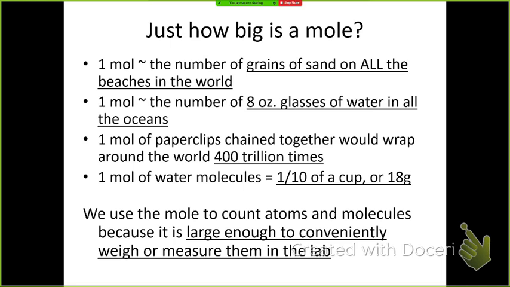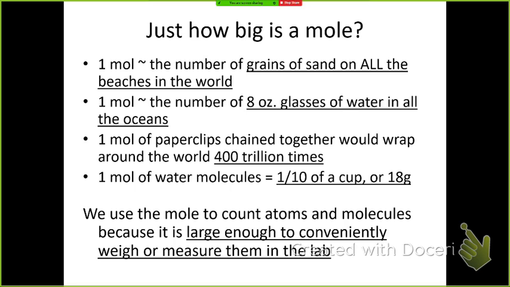A lot of what we do in chemistry has to do with individual atoms or ions. So you saw, when we wrote formulas, we were using individual ions. When we write out chemical equations and balance them, we're going to be talking about individual atoms and molecules. But that's not how we work in the lab because they're too small. There's no way we could work with just one atom or one molecule.